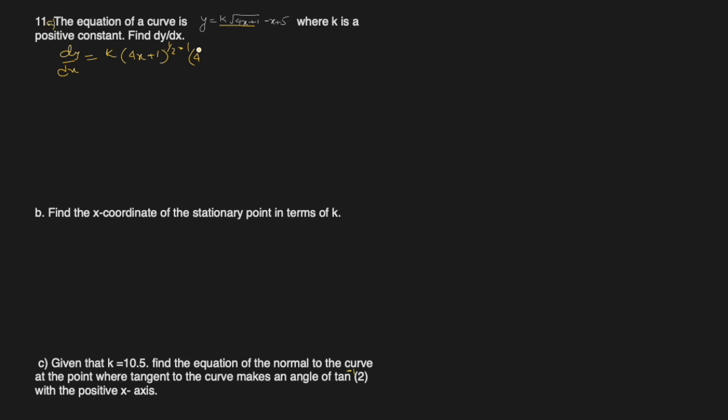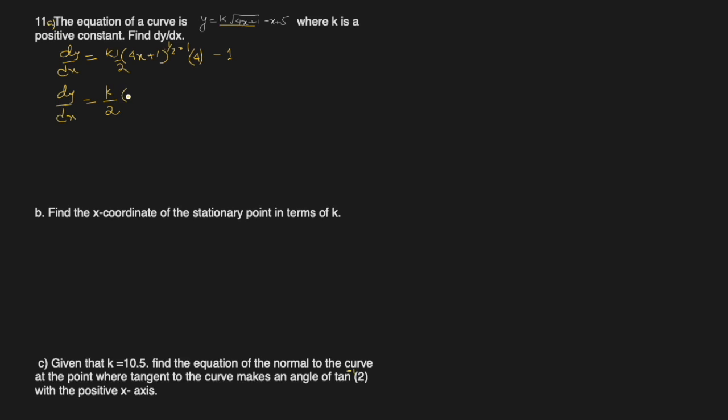Differentiation of 1 is 0. So we will be multiplying with 4. And this half needs to come in front. This is the differentiation of this part. Minus x. The differentiation of minus x will be -1. Differentiation of 5 is again 0, so no need to go further. Let's simplify this. dy over dx will be k over 2, and half minus 1 is minus half.